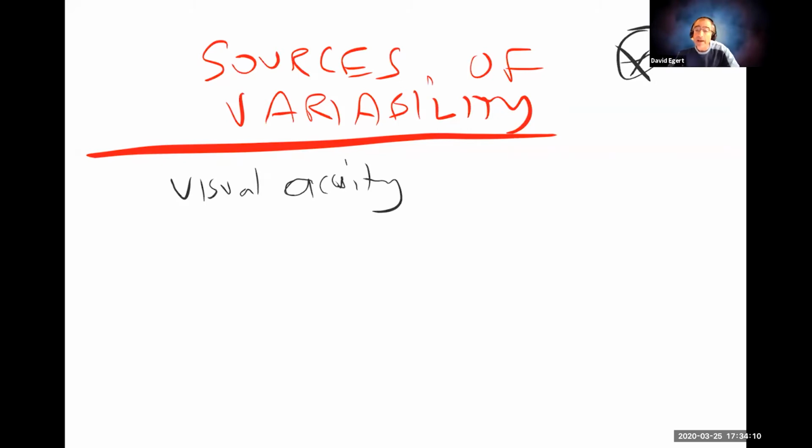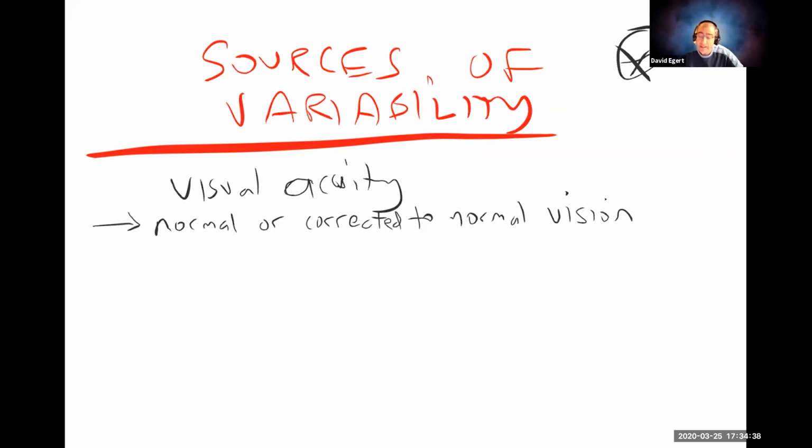So any kind of experiment like this that is assuming that you can see well, usually in the criteria for your subjects, they will always say normal or corrected to normal vision. That is something you have to have explicitly in your procedure.